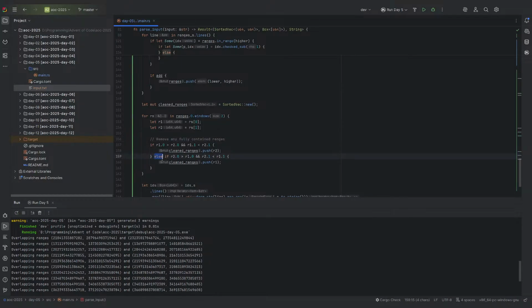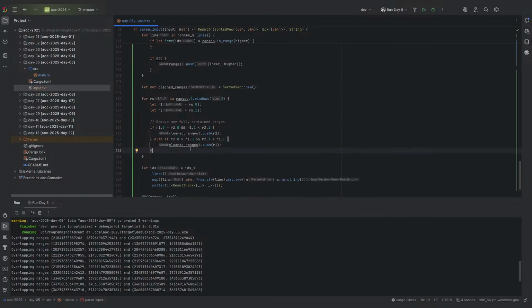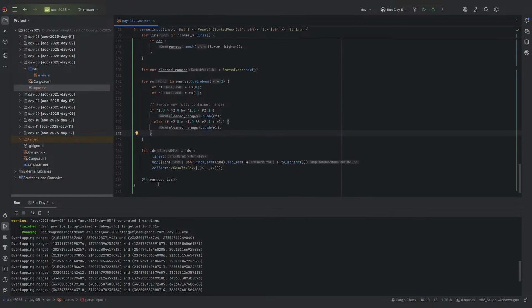Don't think this second check is technically necessary, but I don't think it hurts either. Let's remove all the doubles.